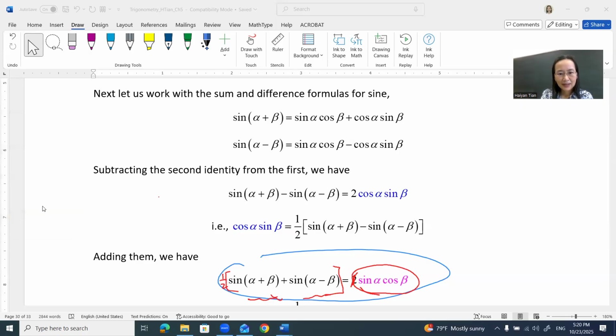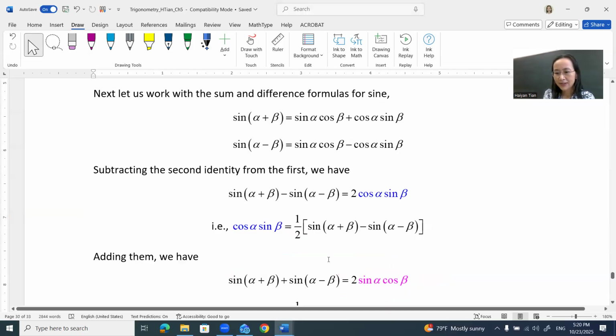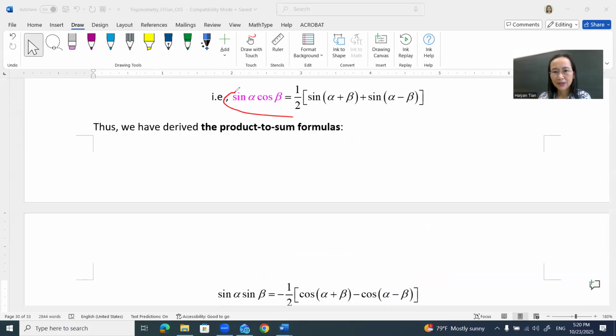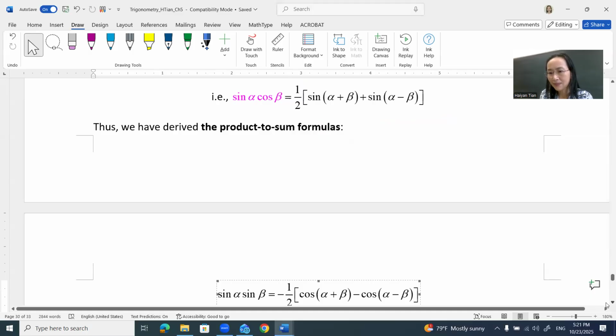So that is another formula, which we get when we add the sine of a sum and the sine of a difference formulas together. And so now we have derived 4 formulas, and we call this set of 4 formulas the product to sum formulas.